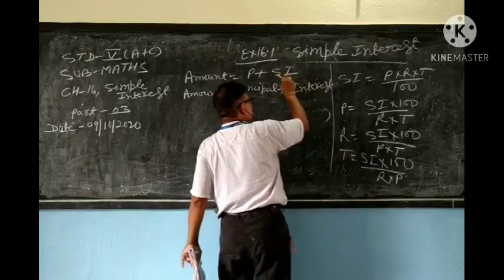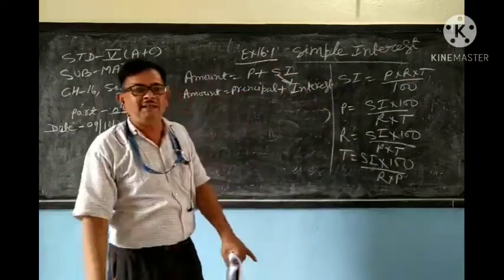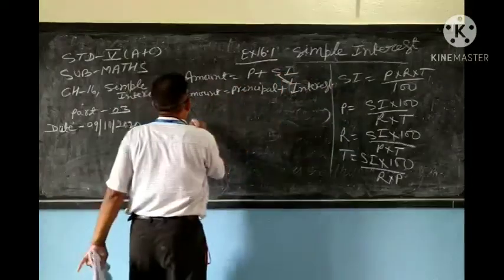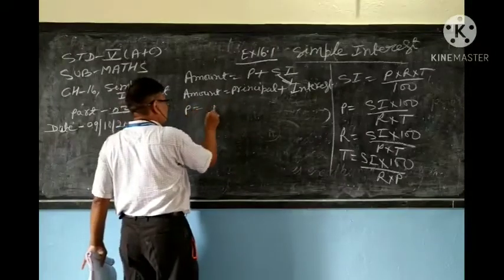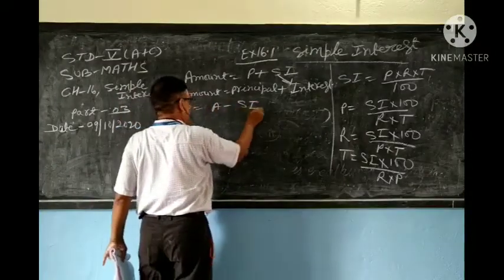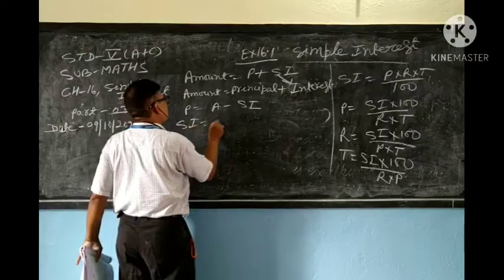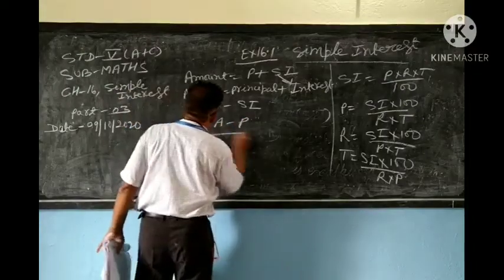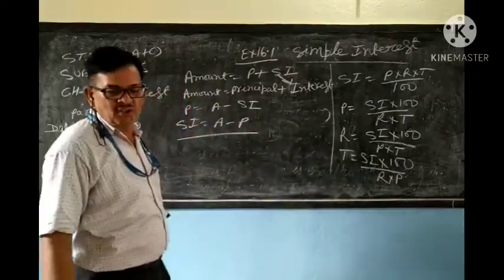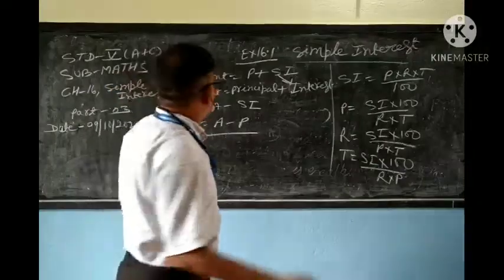This interest is also called simple interest. Now I am writing the short form: P is equal to A minus SI, and SI is equal to A minus P. This one I already discussed many times.